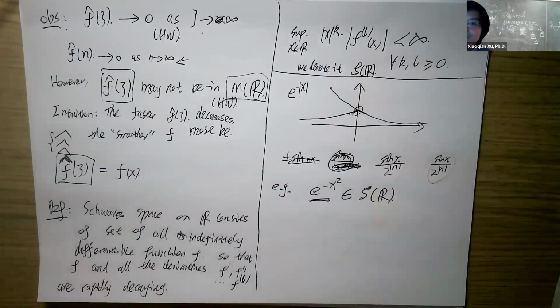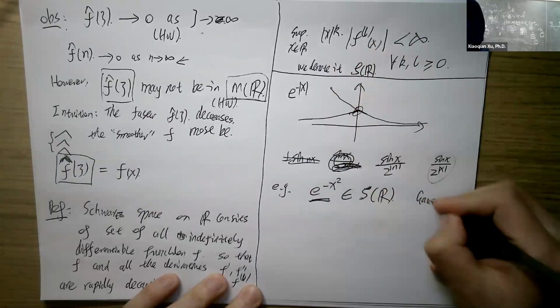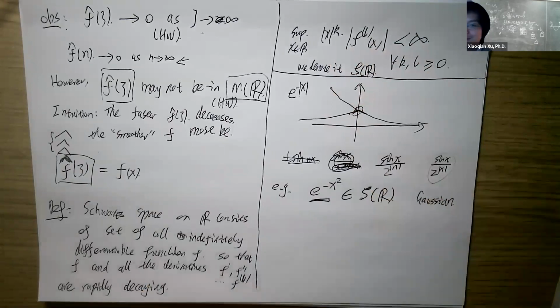Moreover, this function is very famous. It's the so-called Gaussian. It's very important in probability or stochastic analysis, and also in some areas of engineering.